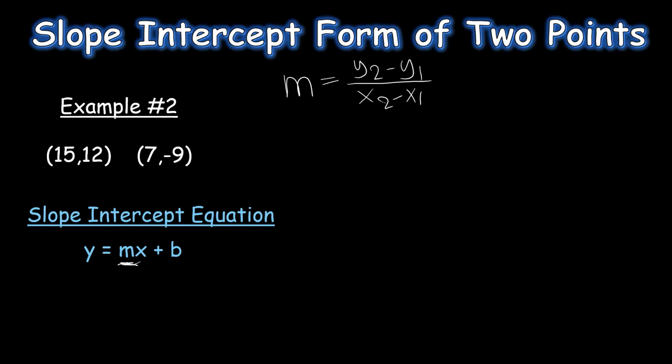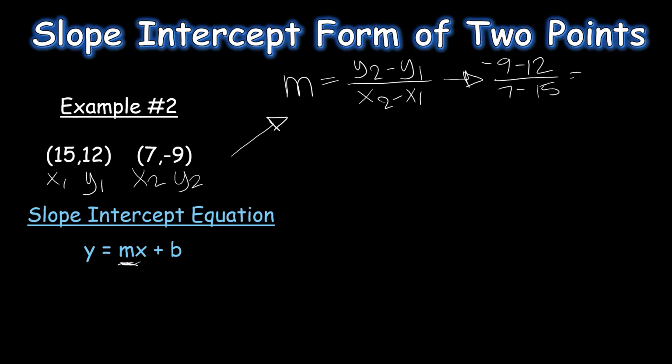So 15 will be our first x value, so that'll be x1. 12 is our first y value, so that's y1. 7 is our second x value, so x2. And then negative 9 is our second y value, so y2. And now we just plug it in here to find our slope, or m. So we have negative 9 minus 12 over 7 minus 15.